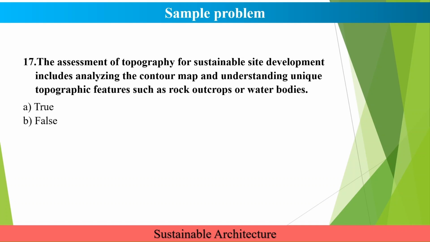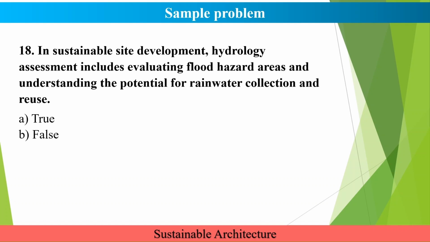Question 18. In sustainable site development, you have also learned about hydrology assessment. It includes evaluating flood hazard areas and understanding the potential for rainwater collection and use. So it is the whole and sole aim of hydrology assessment. Is it true or false?